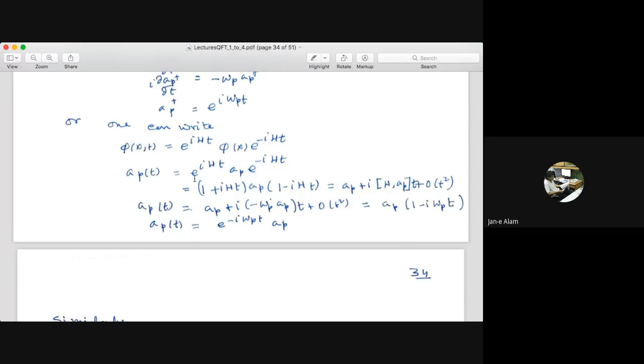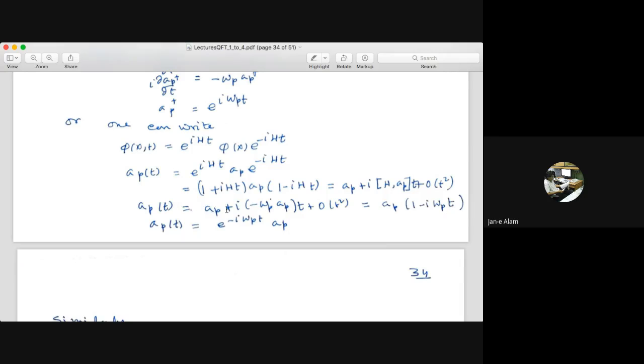Now you expand this for a small value of Ht. So keep the first term, 1 plus iHt, A_p, 1 minus iHt. Then you can write this is equal to A_p, and then you will have multiplications like H A_p and A_p H. So you will get a commutator of H and A_p times t. Now the commutator of H and A_p, again, it is minus omega_p times A_p.